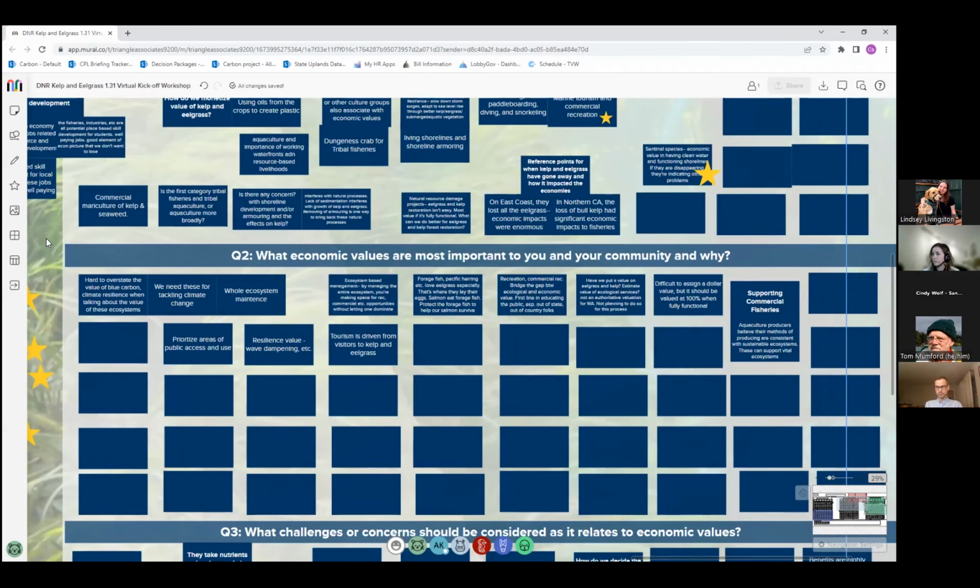Bridge the gap between ecological and economic value, first line in educating the public, especially out of state and out of country folks. I definitely want to star that because that does resonate with me coming from out of state. And going out to the recreation sites has really helped me to learn about our natural environment. Thank you.